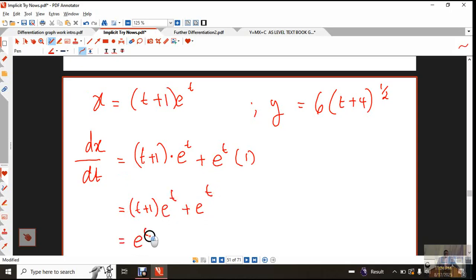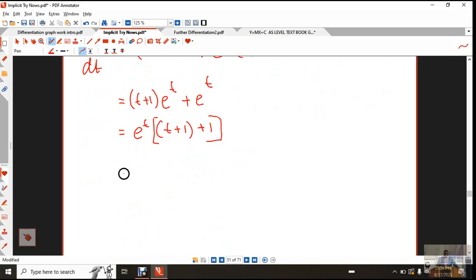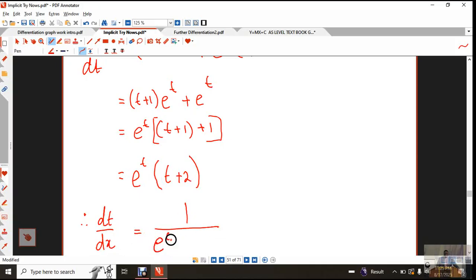Of course, I can take out e to the t, then have t plus 1 inside my bracket plus 1 over there. This cleans up nicely to e to the t times (t plus 2). This is dx/dt, but we are looking for dt/dx, so it's just going to be 1 over all of that, so 1 over e to the t times (t plus 2).